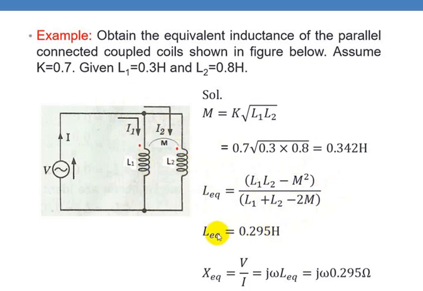So now you substitute L1, L2 and M. So we'll get L equivalent as 0.295 henry. If you want to find the equivalent reactance, it is nothing but V by I, which is j omega into L equivalent. L equivalent you know, so you can write it as j omega into 0.295. So this is the equation for the equivalent reactance of the circuit.